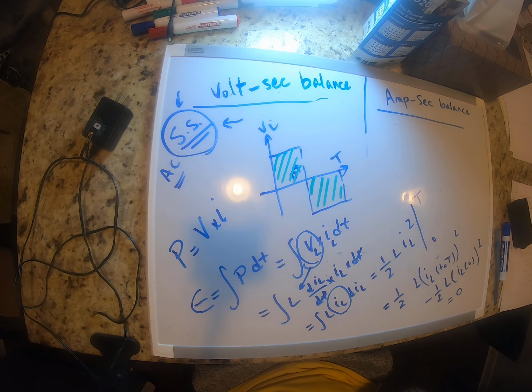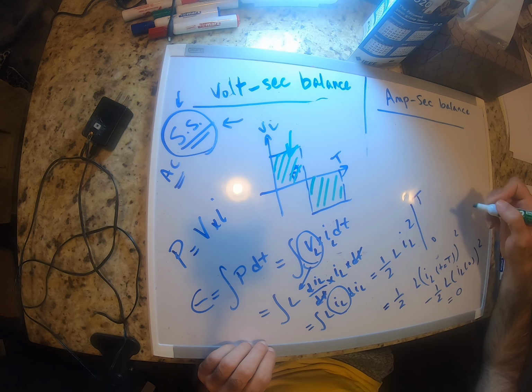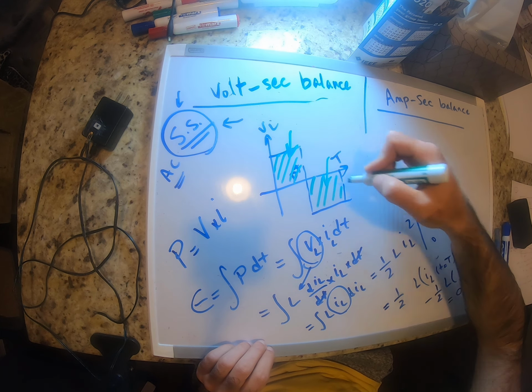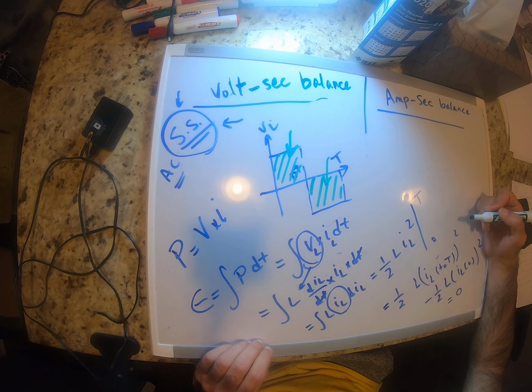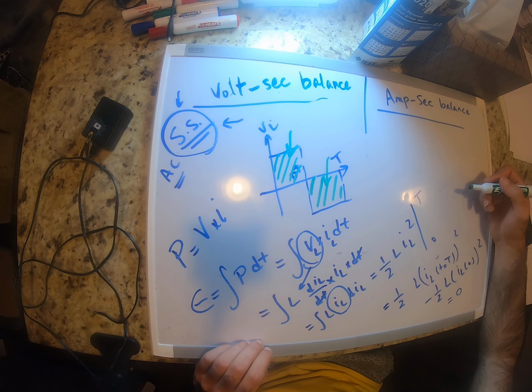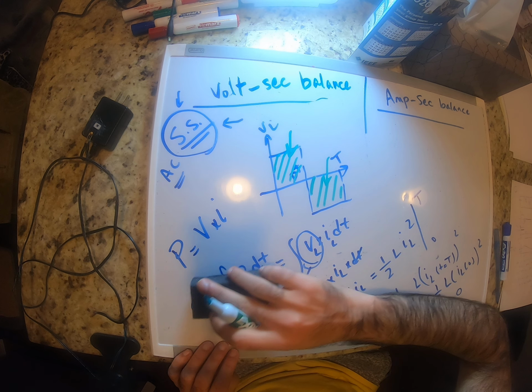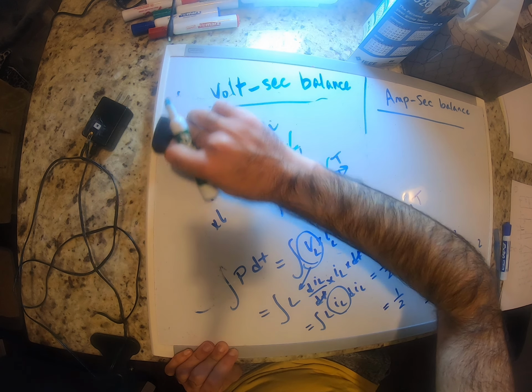If we supply some energy to it, if we store some energy in it, it has to be released in the same period. So the same thing that we said about flux is also true about the energy. The average energy has to be equal to 0. So that was regarding the volt-second balance.